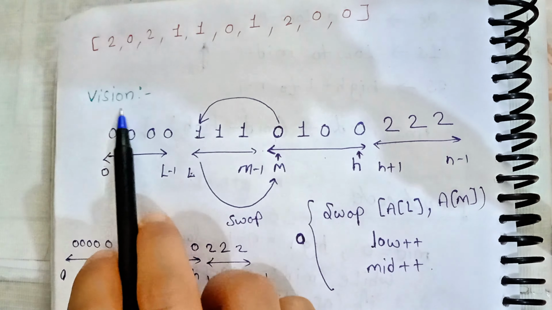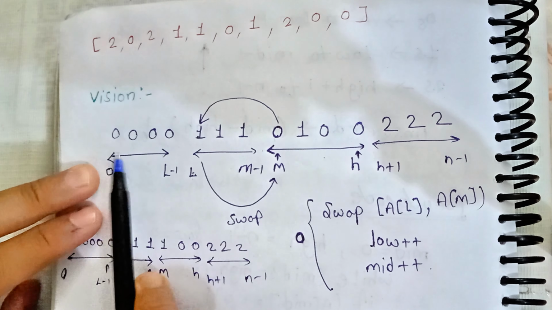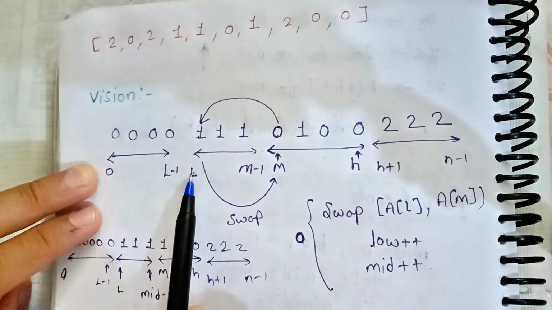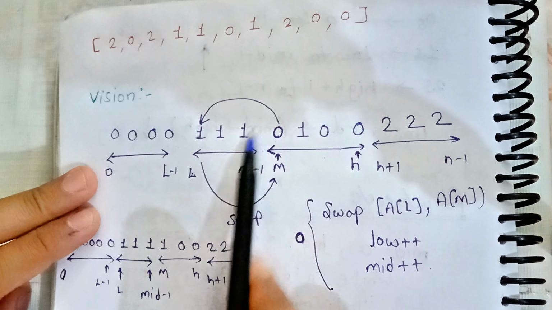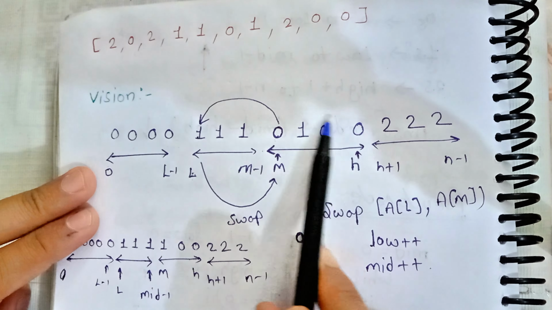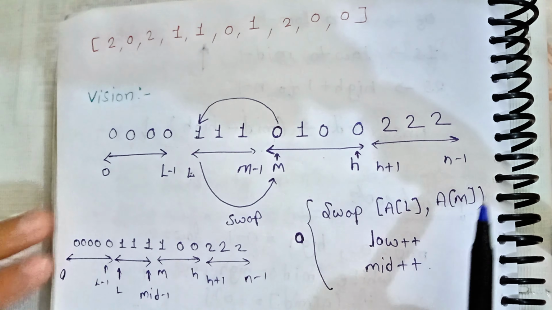Talking about the vision of the algorithm: from 0 to low minus 1 we have zeros, from low to mid minus 1 we have 1s, from mid to high we have the unsorted part, and from high plus 1 to n minus 1 we have 2s.